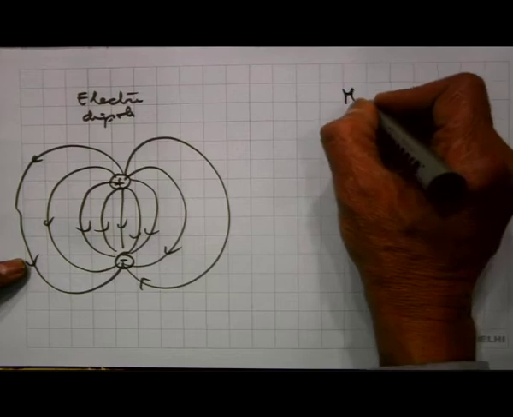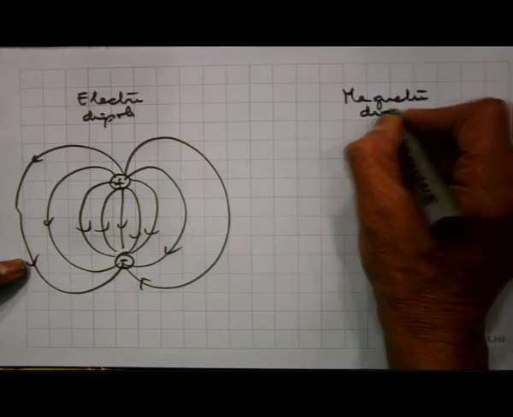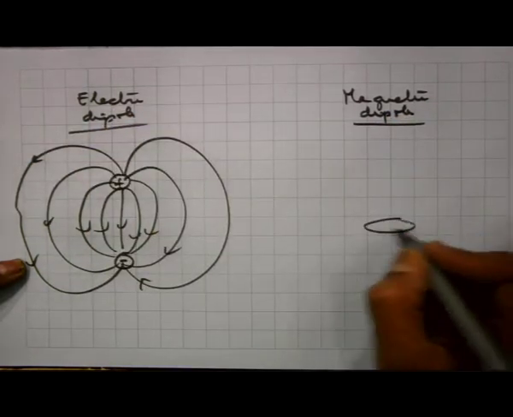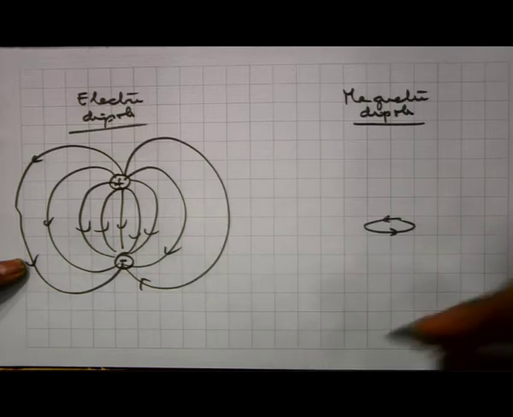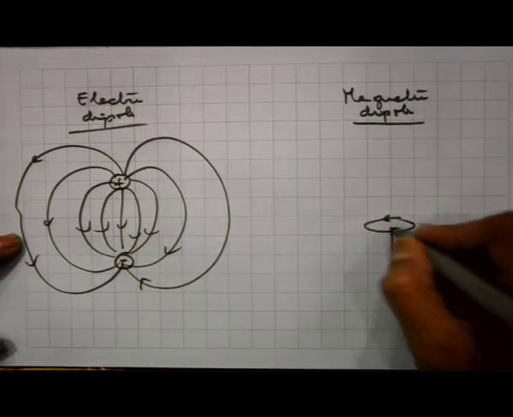For the magnetic dipole, the field lines are very different. I have a loop of current. So, I am taking a loop like this. The magnetic field lines will be, this field line will start from here.